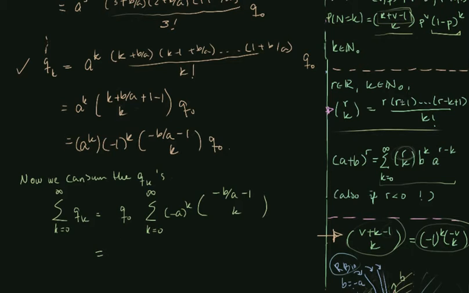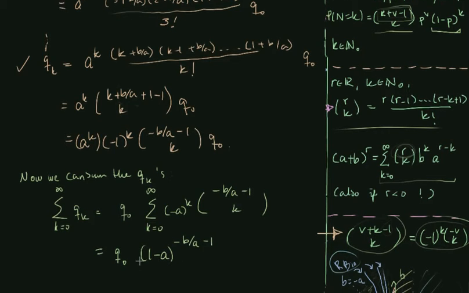Now I can apply the binomial theorem that I have here, which tells me that the sum evaluates to (1 - a) to the power of -(b/a) - 1.